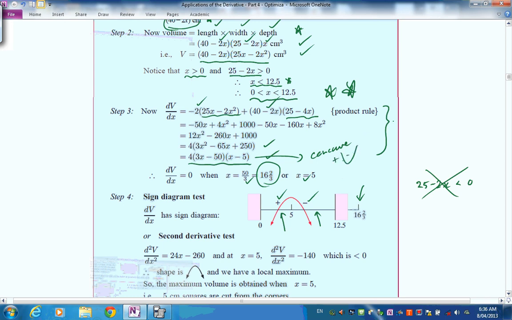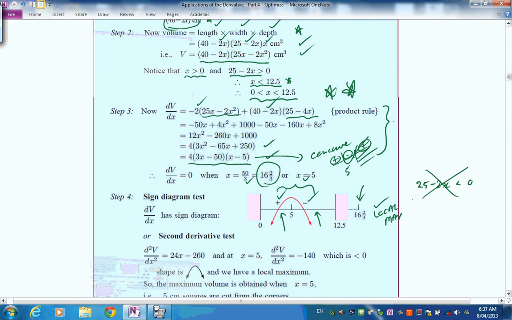So the sign pattern is going to be positive, negative, positive. And so you can do that. And this is the first section of it, up to 5. And so there, it's first 5, and this is the other one that's out of it, that's 16 2/3. So either way, we have this diagram, and we can see, therefore, it is a local max at that point.